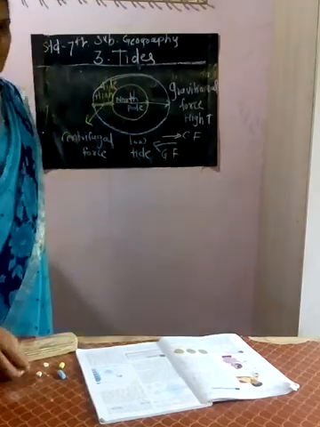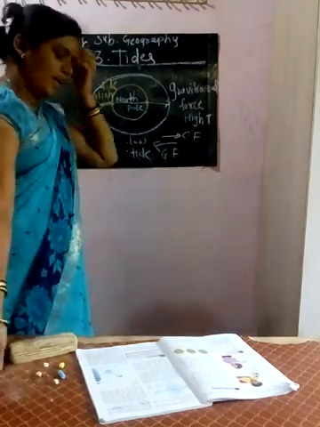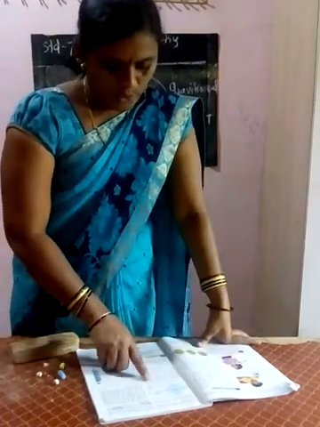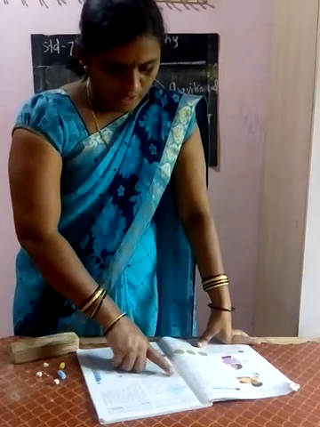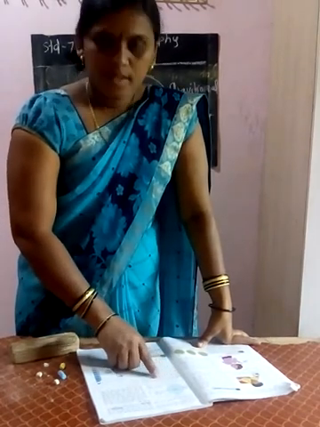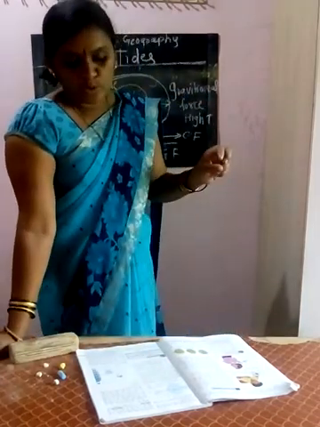This is the diagram of the appearance of the tide. The moon is closer to the earth than the sun, hence its gravitational force becomes more effective than the sun's.